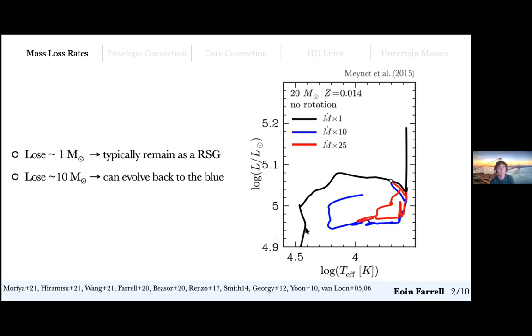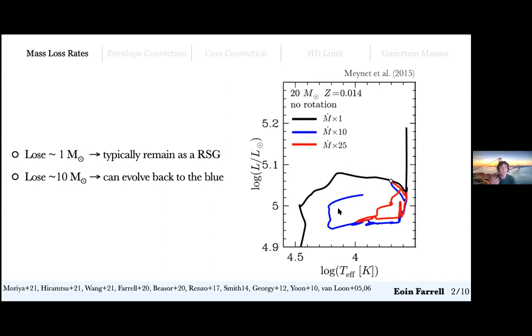The black line here shows the standard evolution of a 20 solar mass star at solar metallicity. And the blue and red lines show models with enhanced mass loss rates from this point onwards. We see that these models evolve from the red supergiant phase back towards the blue region of the HR diagram.